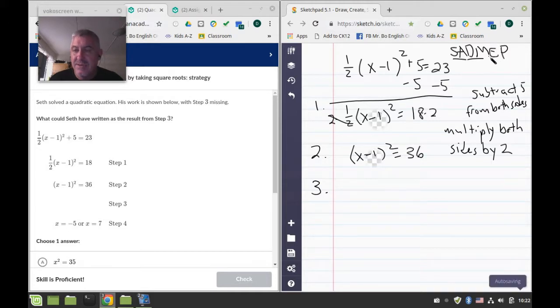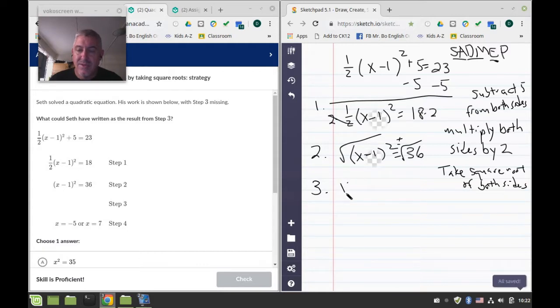Our third step, we're going to end up with the exponent here, so I'm going to take the square root of both sides, and I want to remember to do positive and negative. So that step we'll call take the square root of both sides.